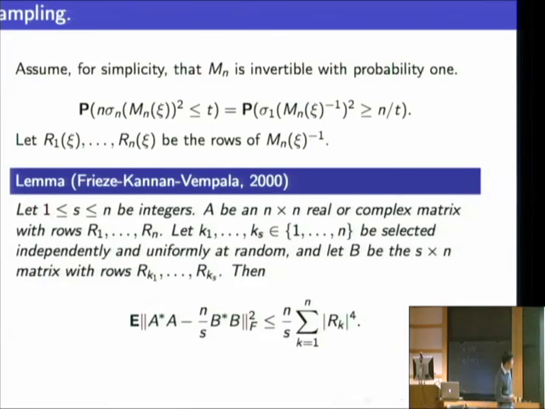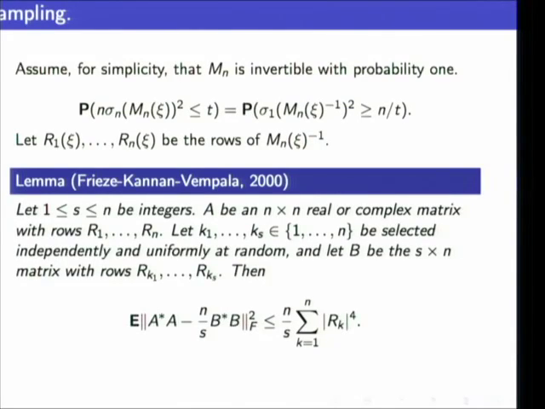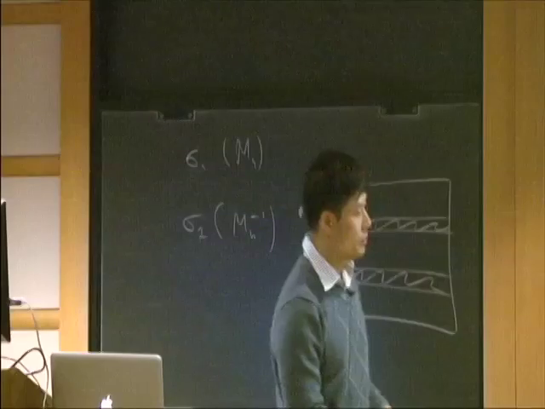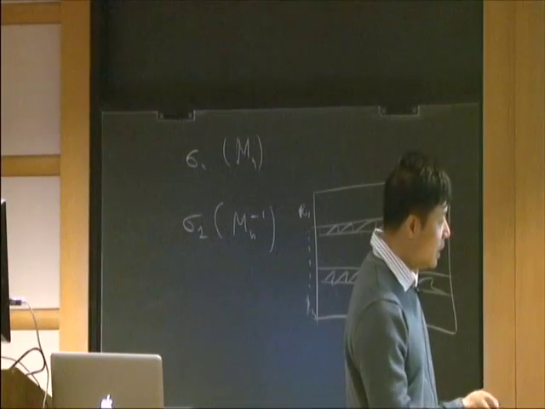If you take an n by n matrix, it's good to draw it here, and you sample a few of them, say S of them. These are the sampled ones.